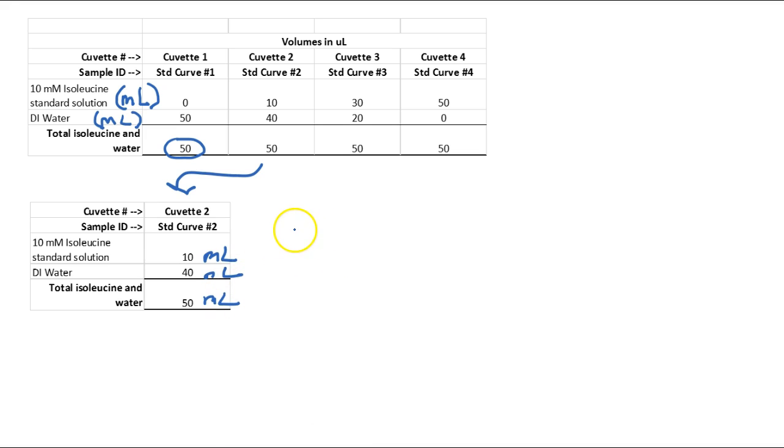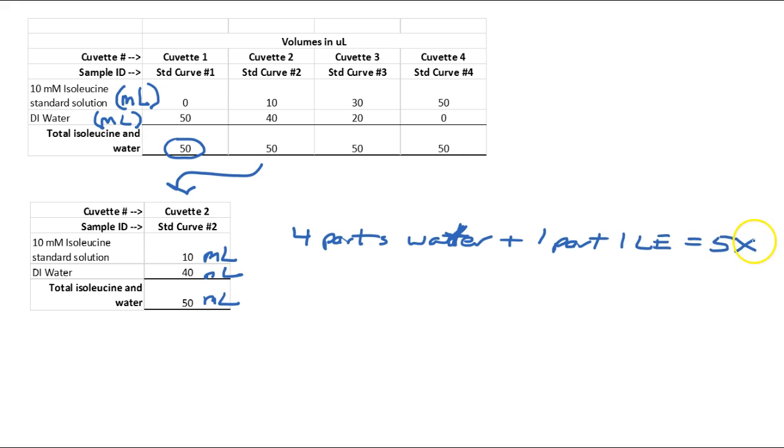Because we had 4 parts water plus 1 part. All right, I can't even write at all today. 4 parts water plus 1 part of the isoleucine equals a 5x dilution. There are 5 parts total, one of which is isoleucine. So we've diluted the isoleucine 5 times.